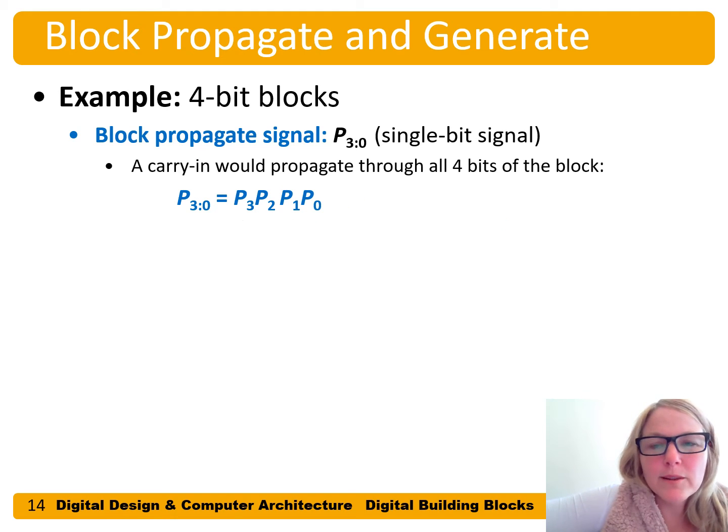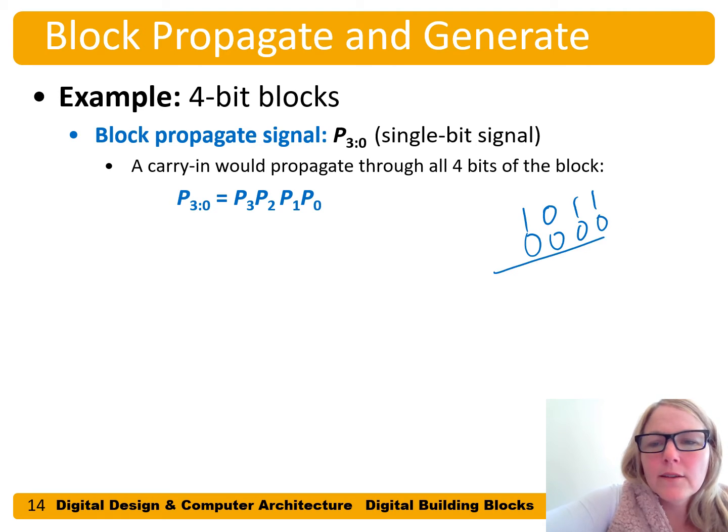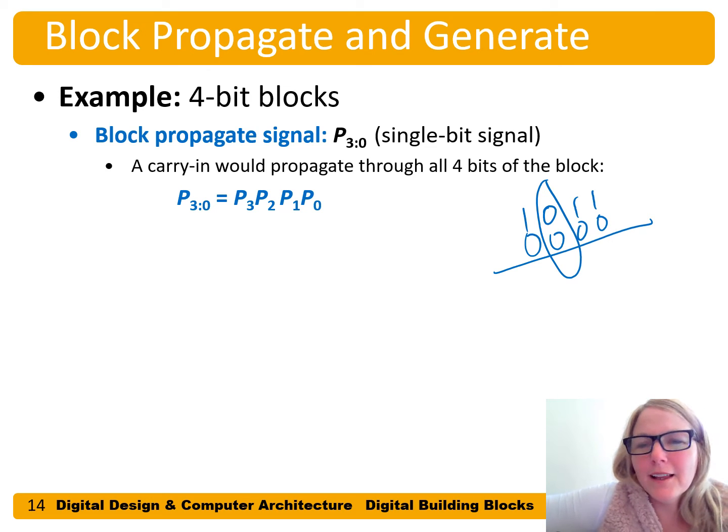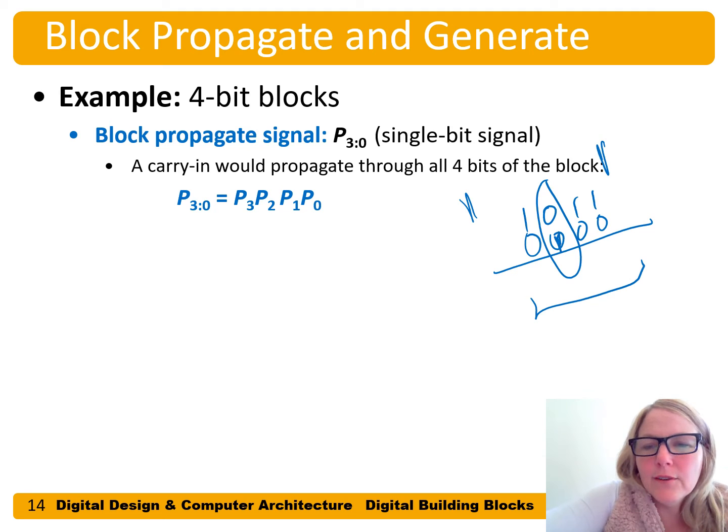Right, if one of those drops the ball, like we saw here, this column kind of dropped the ball and said, hey, a carry coming into that is not going to get propagated. So that entire 4-bit block will not propagate a carry from its input to its output. It has to have all of the propagates be true. So now I've changed it so that it would propagate a carry in to its carry out.